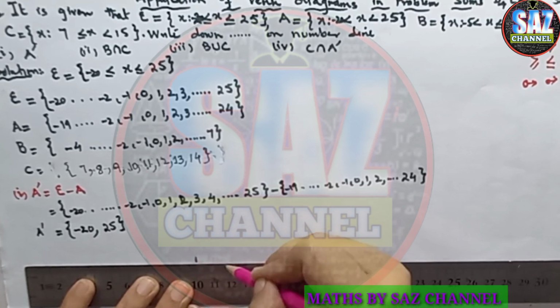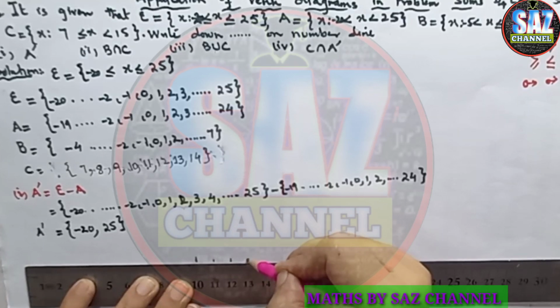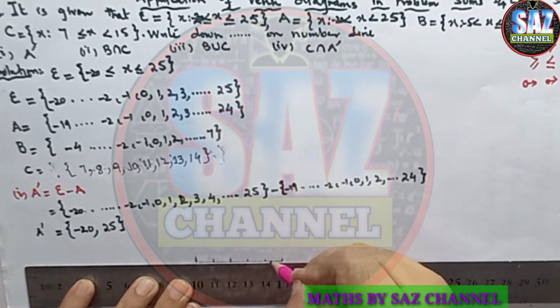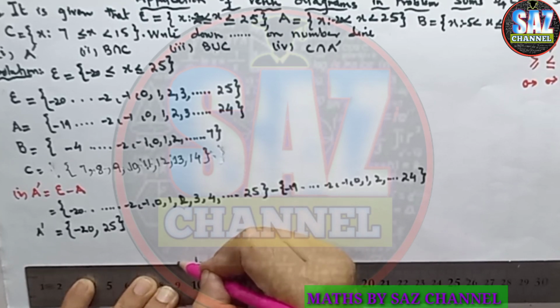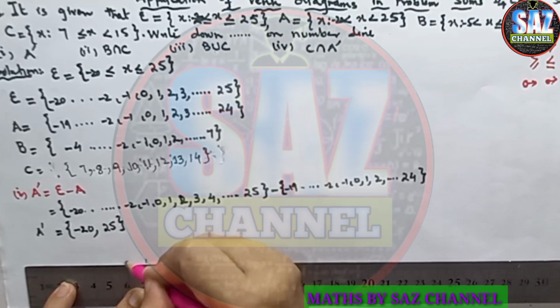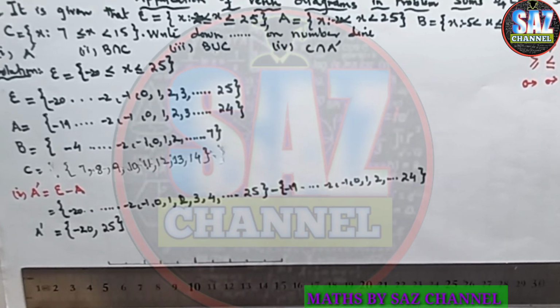This is 0, and this can be 5, 10, 15, 20 and 25. We can reduce the scale, there is no harm. And same for the other side, -5, -10, -15, -20 and -25.